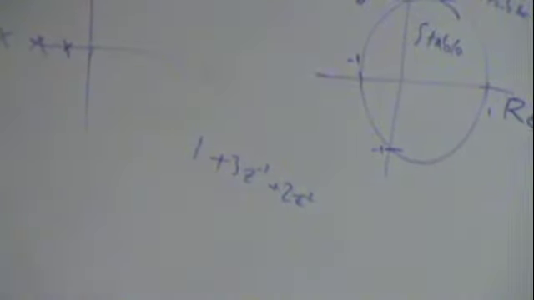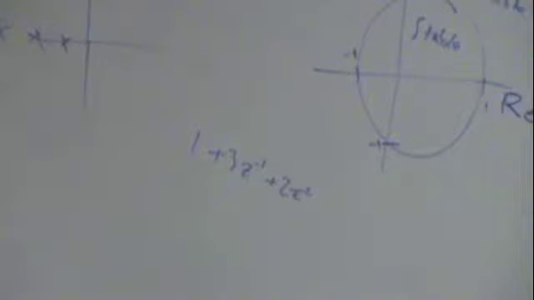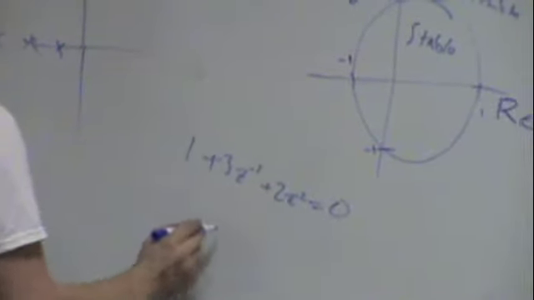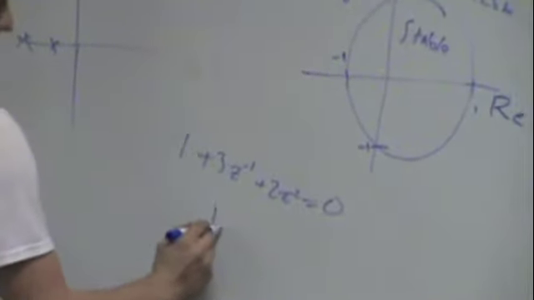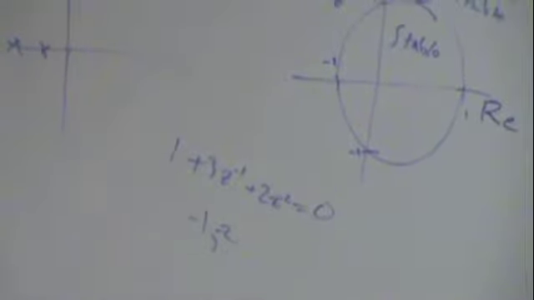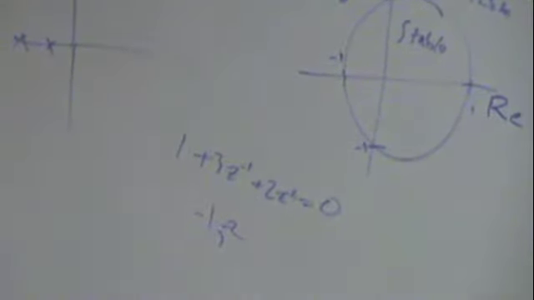You set this equal to 0, and you come up with the poles equal to 1 and 2, except they're negative, because you have to subtract to get the poles.